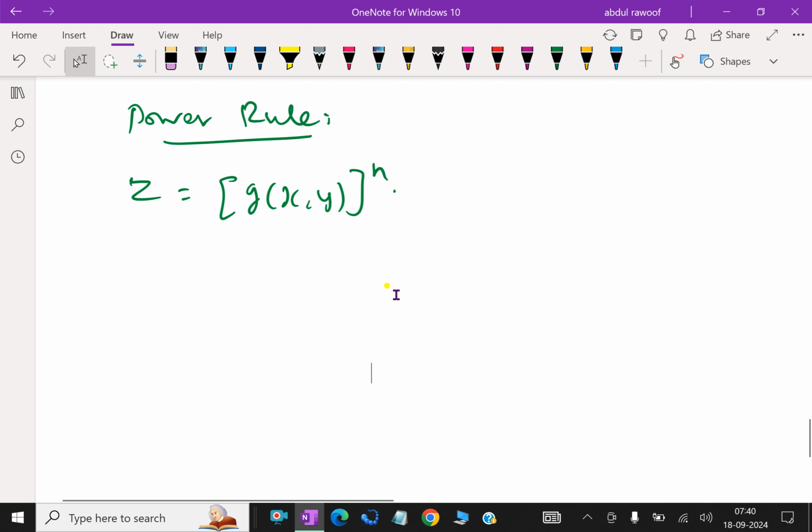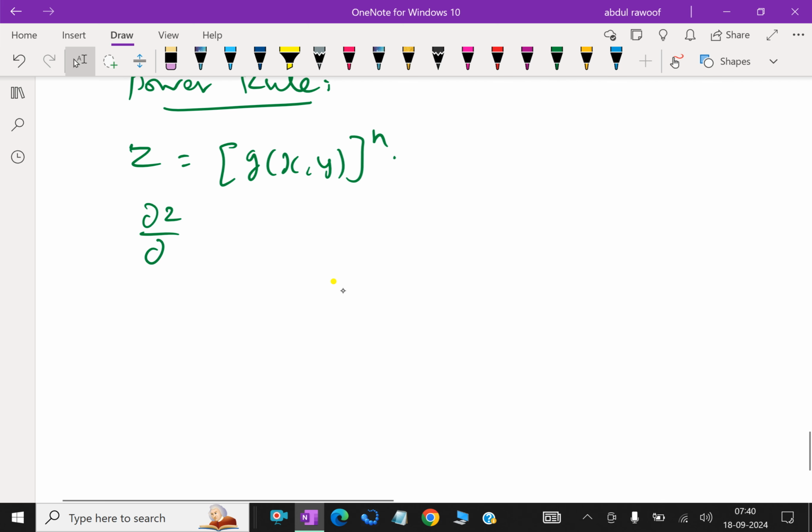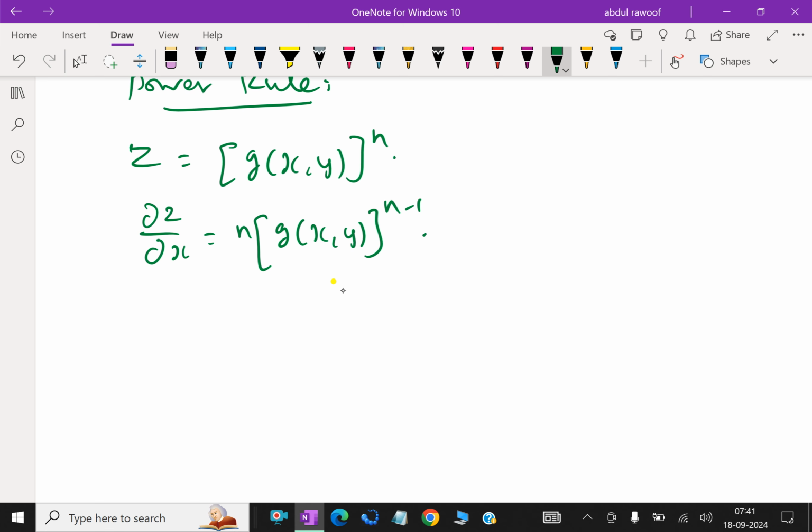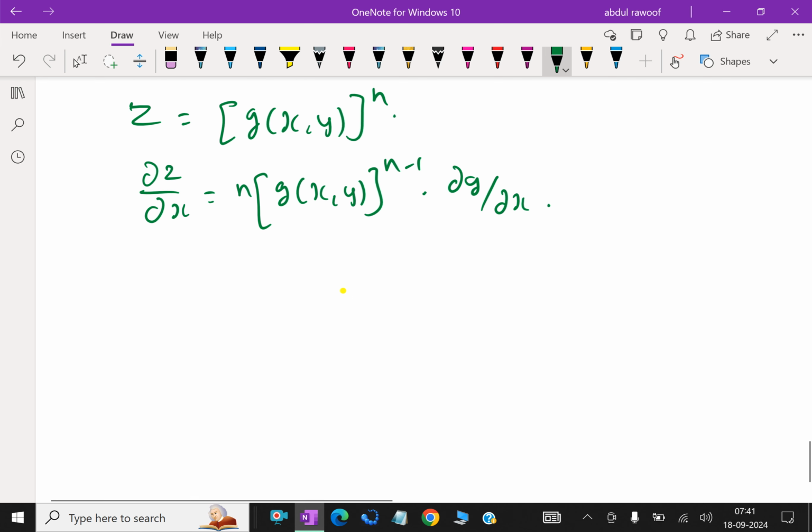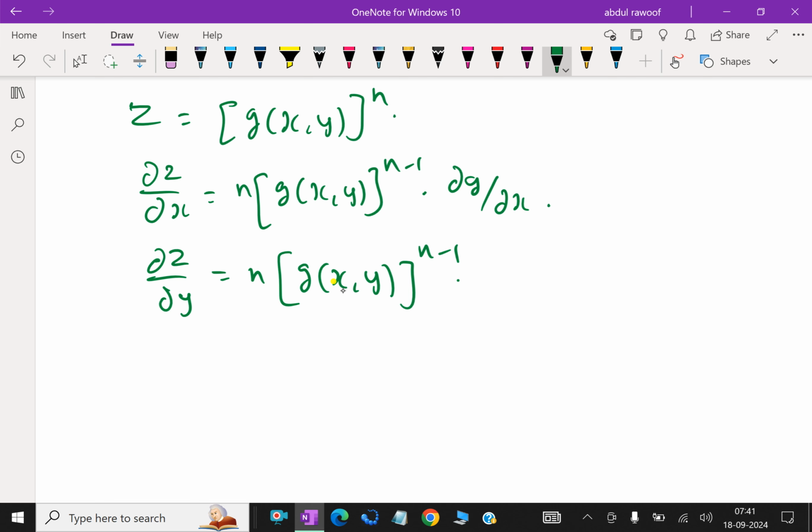Then dou z by dou x is n into g of x comma y to the power n minus 1 into dou g by dou x. And similarly, dou z by dou y equals n into g of x comma y to the power n minus 1 into dou g by dou y, with respect to y here.